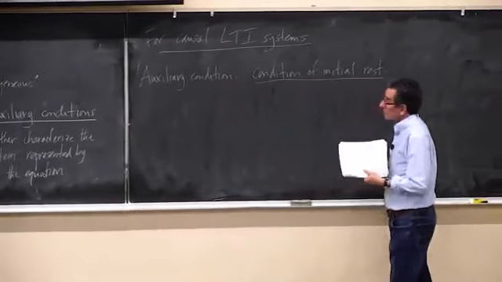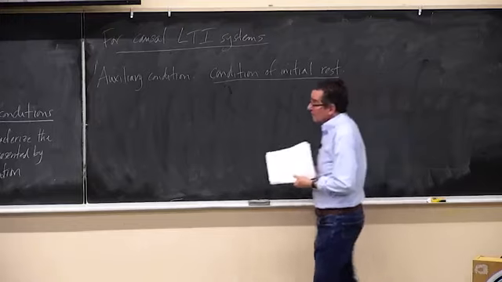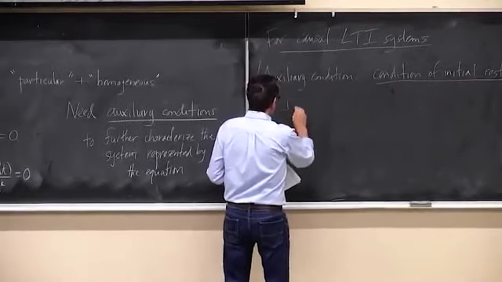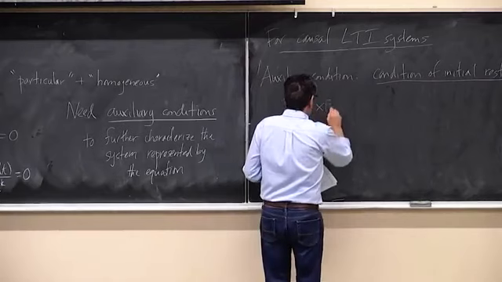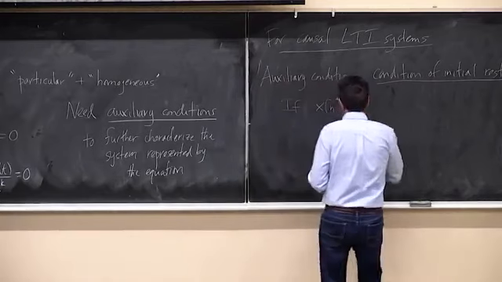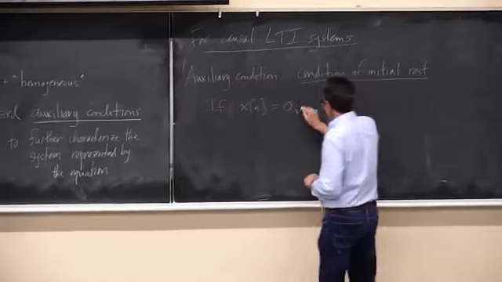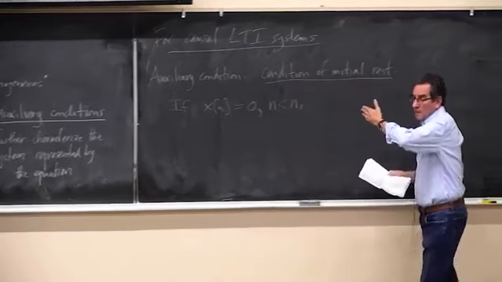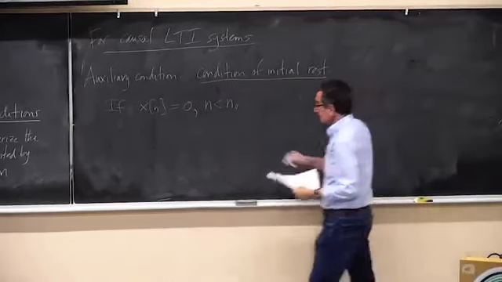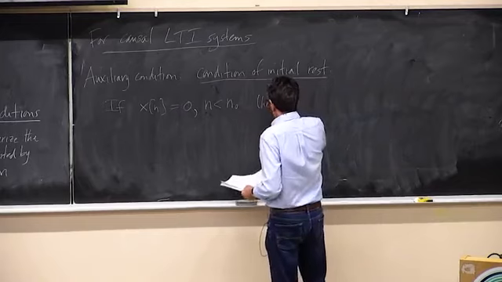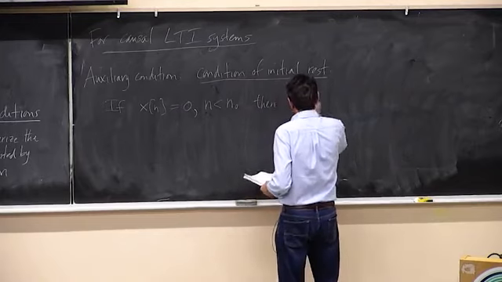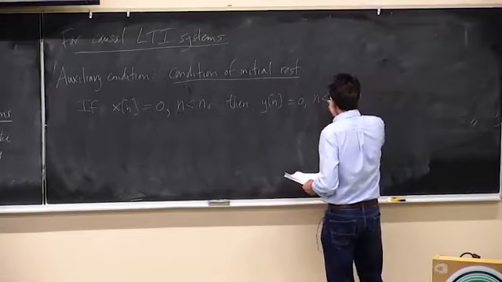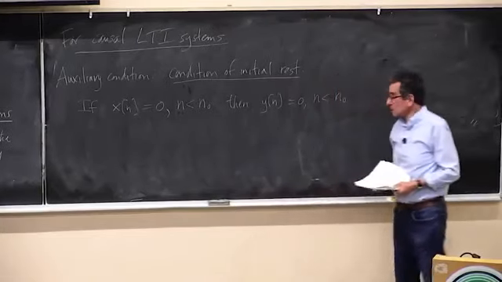The condition of initial rest simply says that if x of n, the input, is 0 for all times up to some time n0, then the output is also going to be 0 for times less than n0.